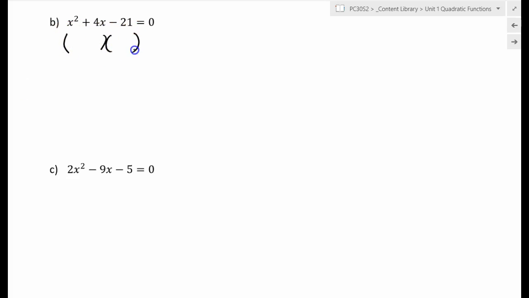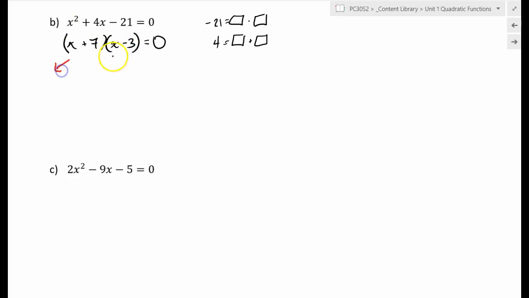We're going to try and factor it. I see it's a simple trinomial, so I'm going to jump automatically to this part. Factors of negative 21 that are going to add to positive 4. So x and x, that ends up being positive 7 and negative 3.